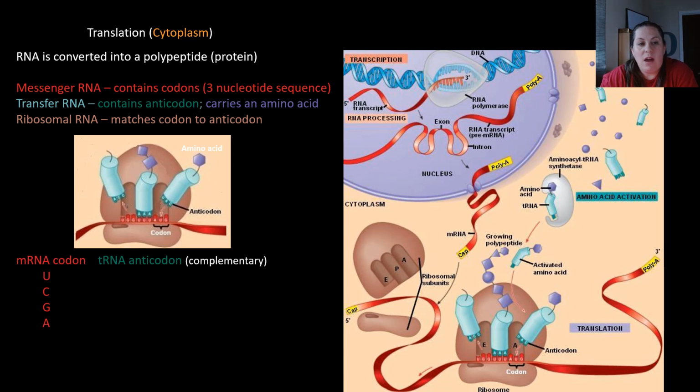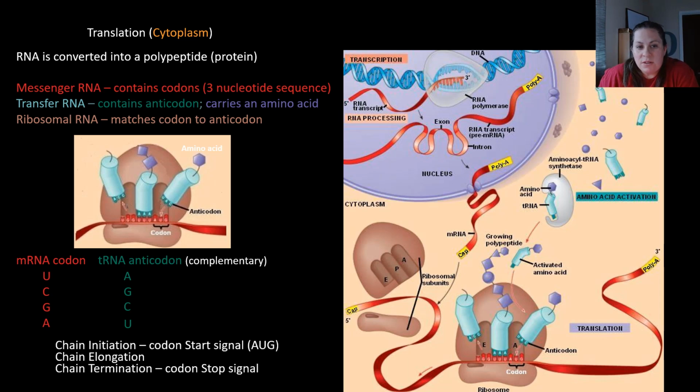So if my codon in messenger RNA is U, C, G, A, in tRNA, you're going to see that the U pairs with A, C pairs with G, G pairs with C, and A still pairs with U because this is still RNA.